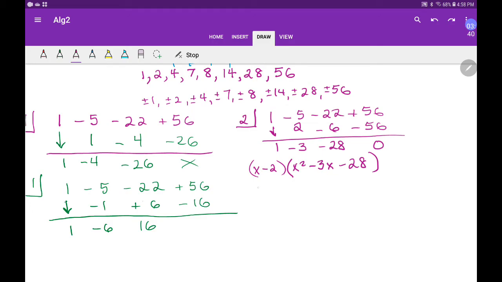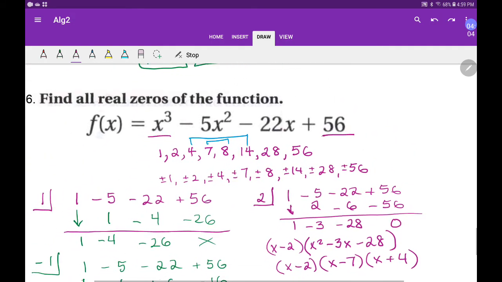Oh, 7 and 4, huh? So we'll say x minus 2, and x minus 7, because you see the middle term has to be negative, so the big number is negative. x plus 4. Negative 7x, positive 4x, that gives me negative 3x, so I feel good about this.